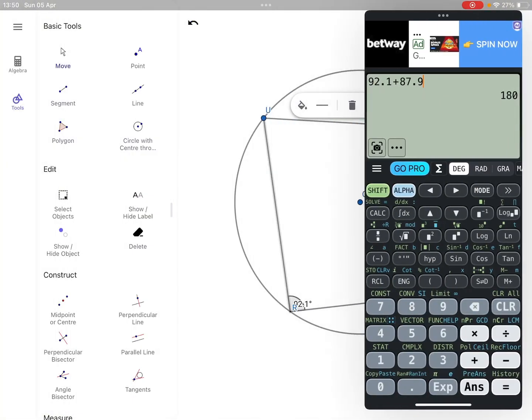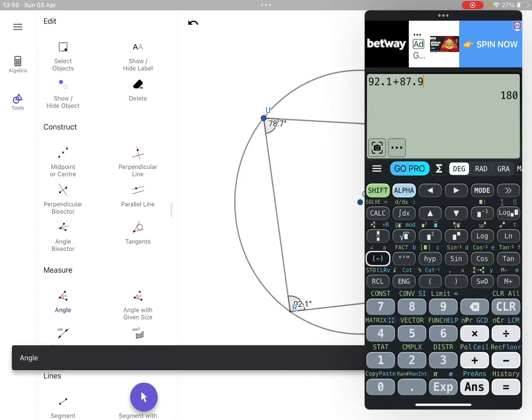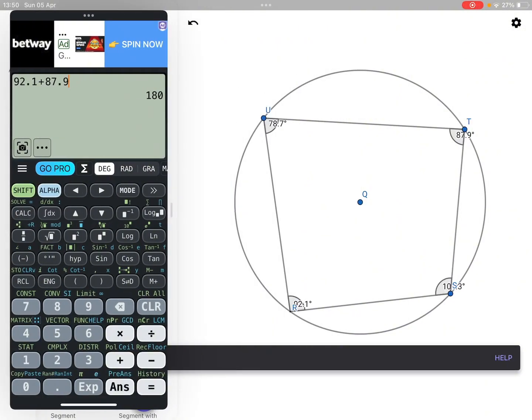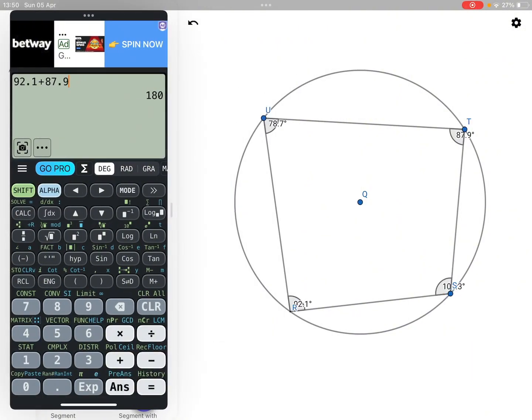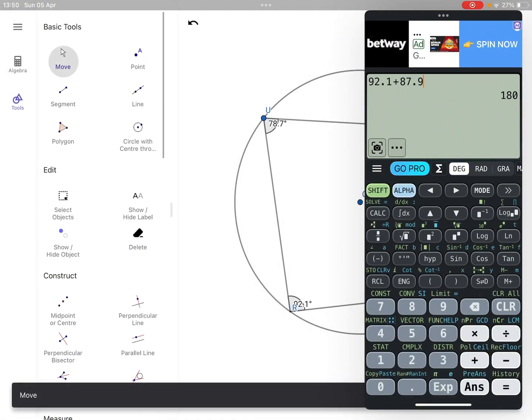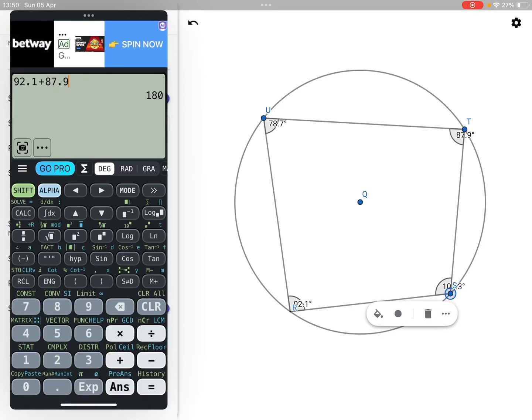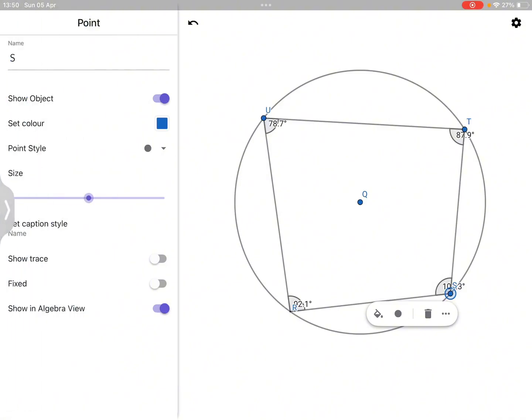Then let's measure the other two opposite angles. We have this and that, 78, and then we have this and that. Let me reduce the size a bit so that we can see it's 101.